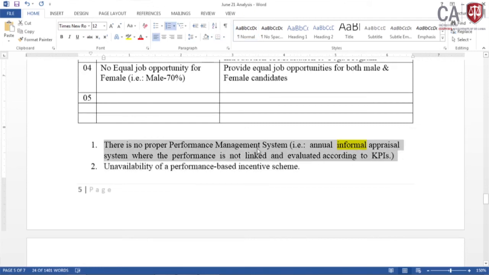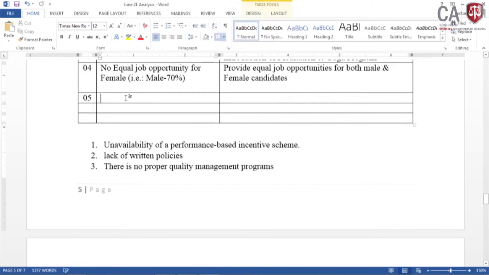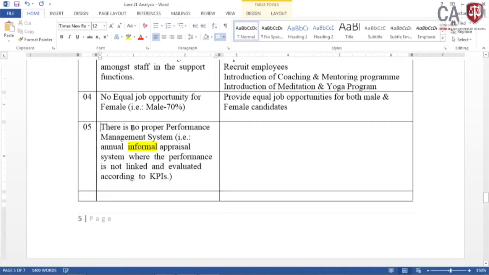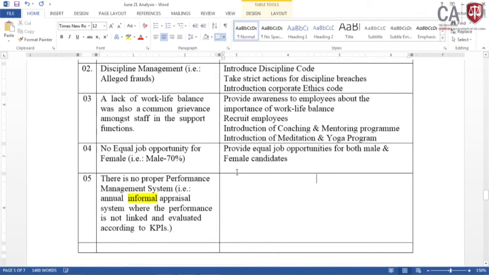There is no proper performance management system, so we will tell them to introduce a system on that. Introduction of performance based incentive, or we will say KPI based performance management system.